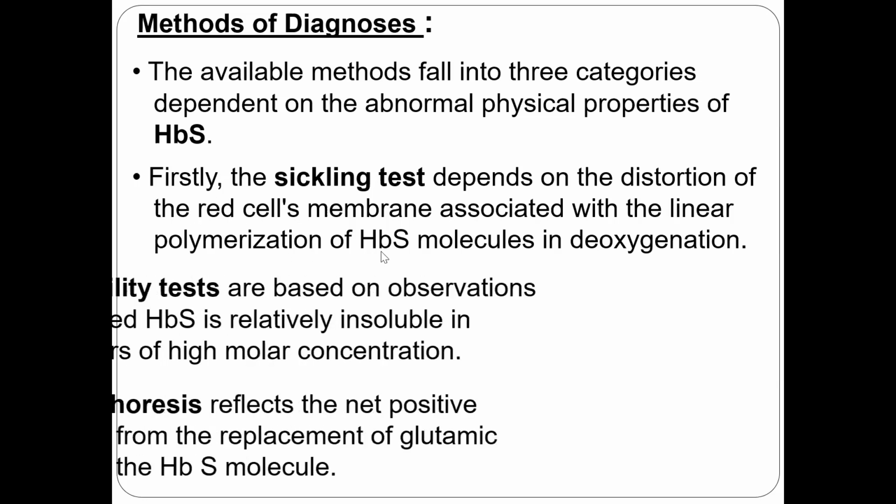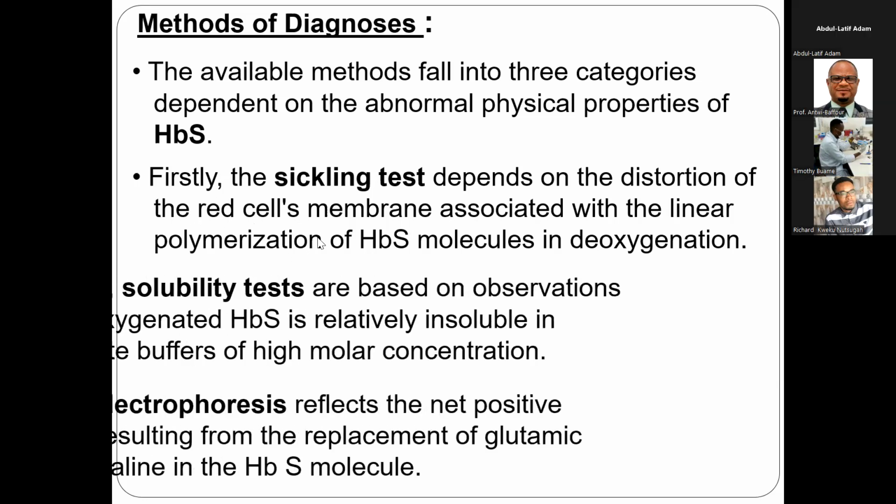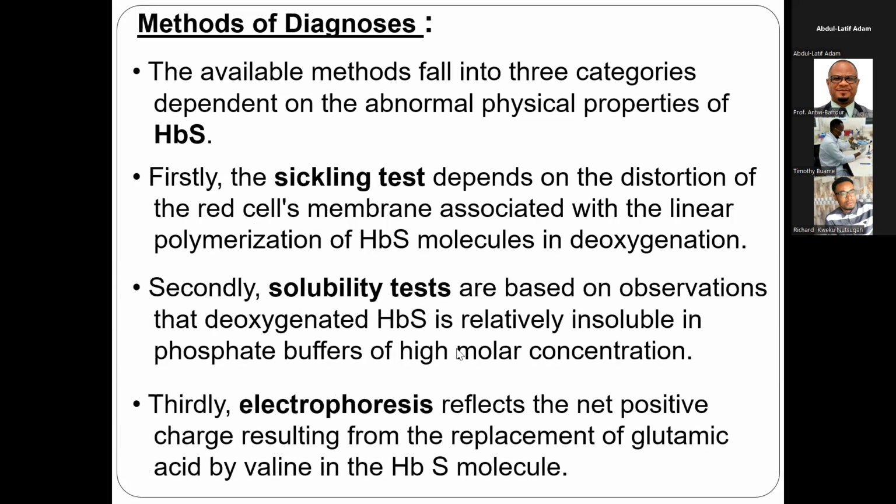Secondly, so this is the sodium metabisulfite test. The second one is the solubility test, and it's based on the observation that deoxygenated hemoglobin S is relatively insoluble in phosphate buffer of high molar concentration, so they'll precipitate out.